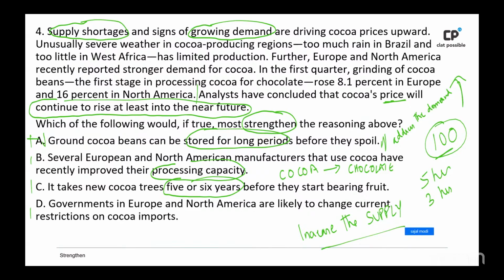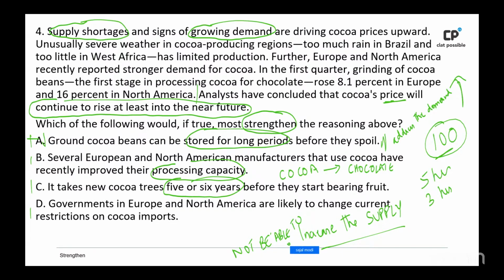If someone says we are able to increase the supply, will I be able to say that the price will continue to rise? No, I won't be able to say that. Option C says we will not be able to increase the supply.